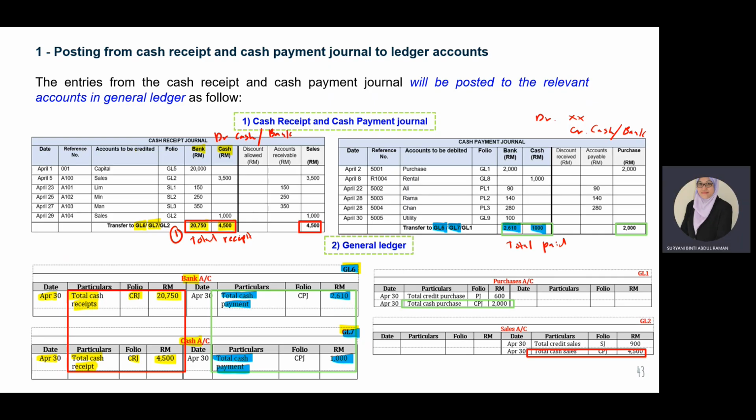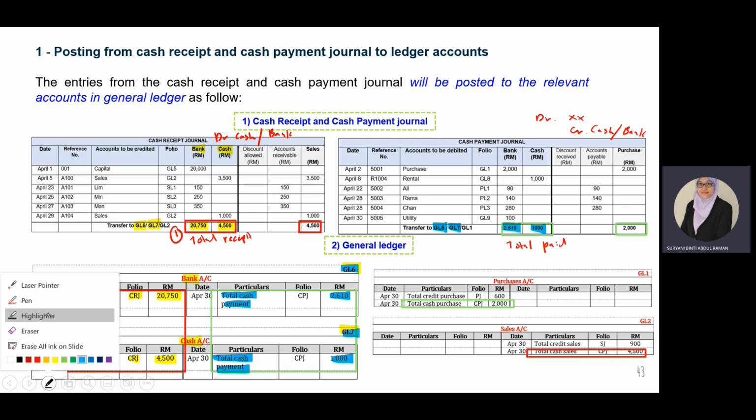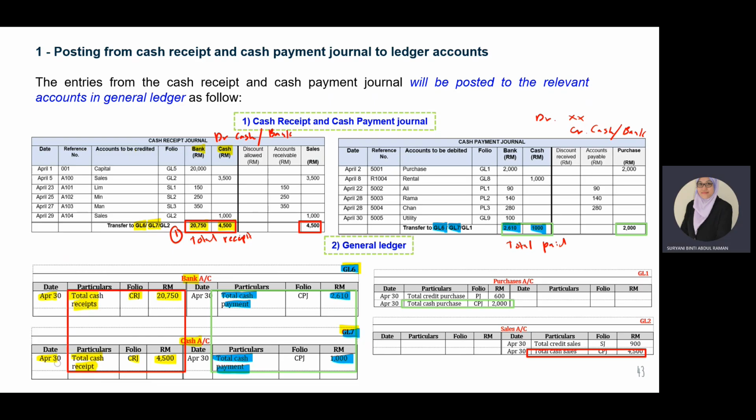Okay, next is to record the sales and purchases made by cash during the year. As for sales, during the year, we have cash sales of 4,500. So 4,500 is to be transferred to GL2. So this is the GL2 sales account, and on the credit side, total cash sales, 4,500.